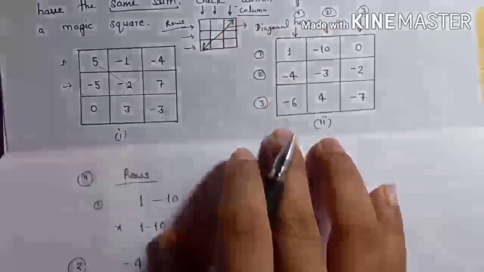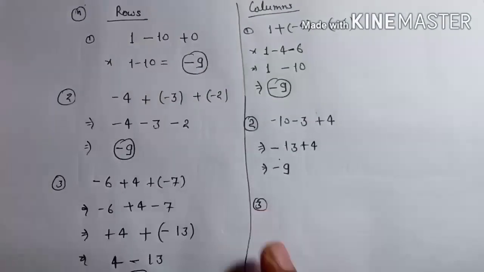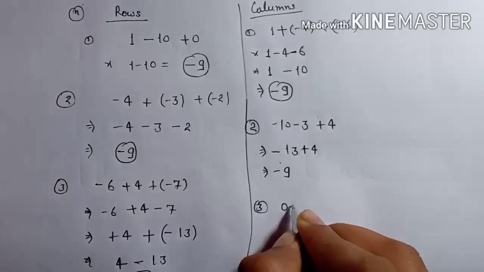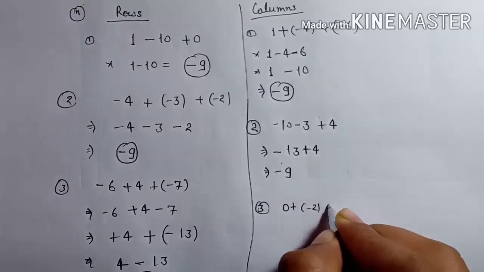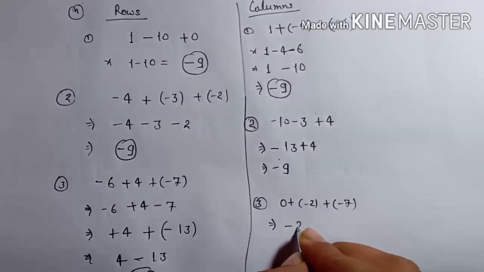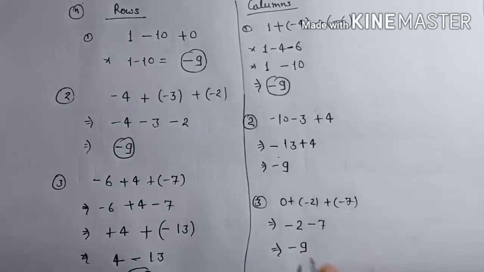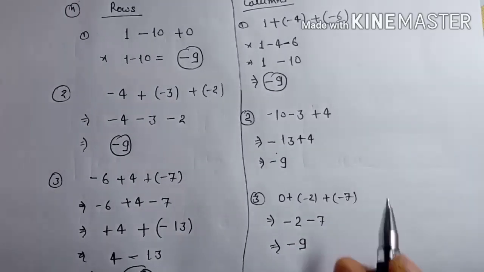Check the third column: 0 plus -2 plus -7. The result is 0, nothing, -2, and -7. Again the answer is -9. So yes, the sum of all the columns is equal.